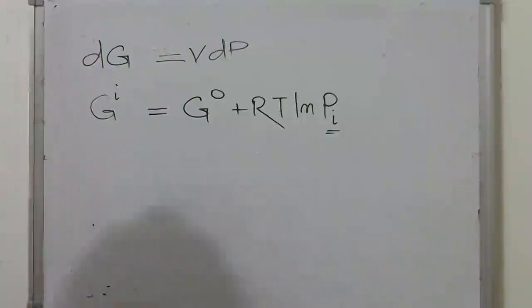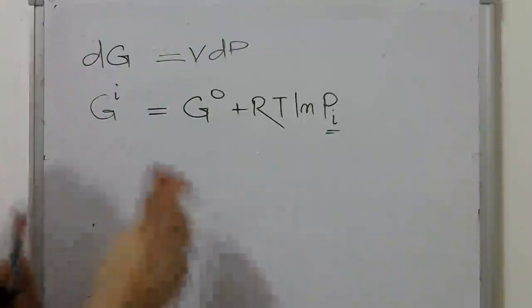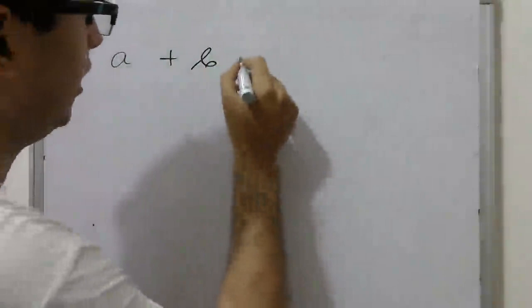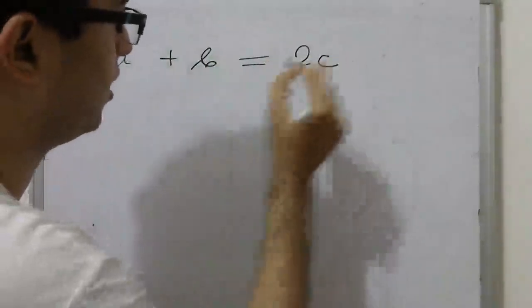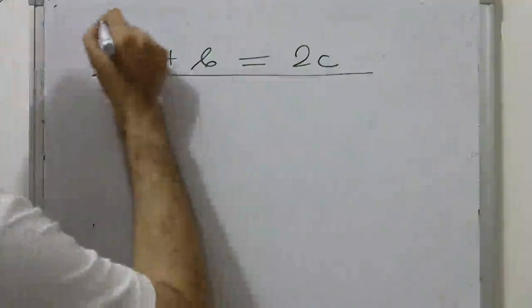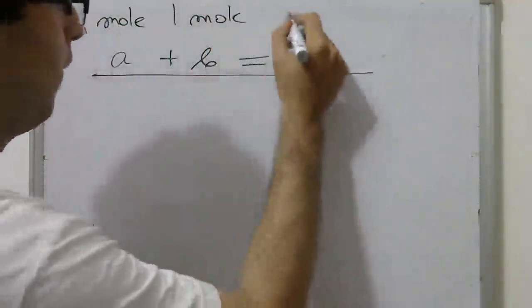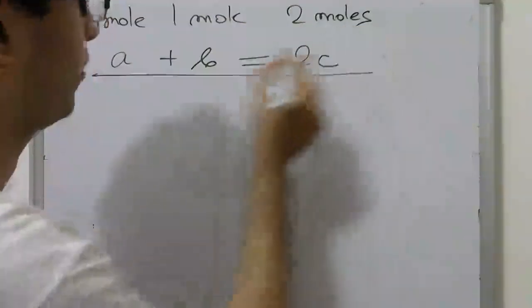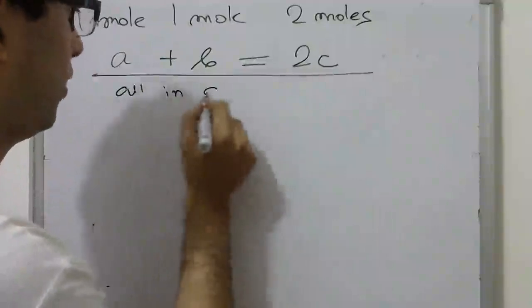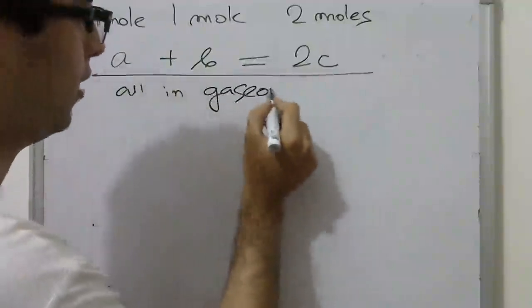Now let's say we move on to an equation. Okay, now we say one mole of A plus 1 mole of B gives rise to 2 moles of C, all in gaseous state.